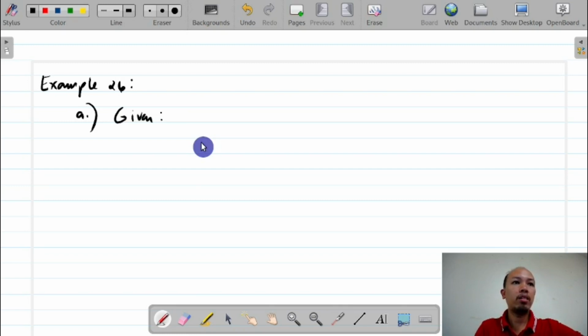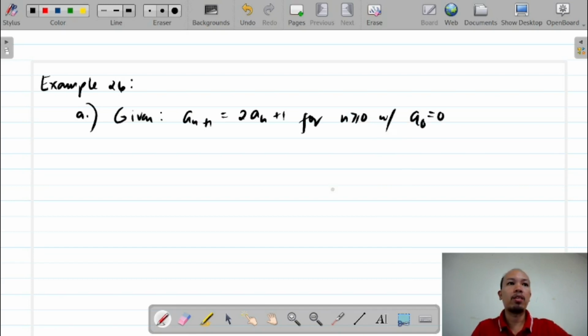The given is a sub n plus 1 is equal to 2 a sub n plus 1, for n greater than or equal to 0, with a sub 0 is equal to 0.